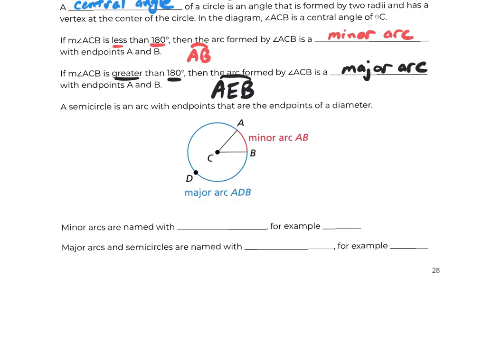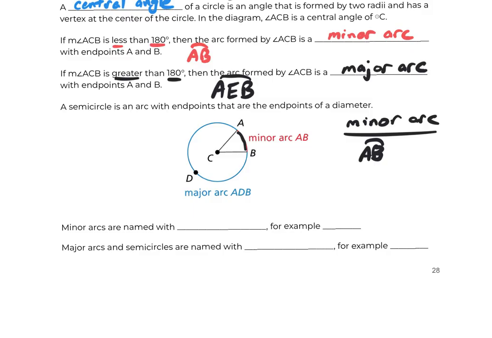Okay, so if I look down here, I'm going to give you some examples of some measures here. Obviously, AB is a minor arc because it's less than 180. It's less than half a circle. So the minor arc here is arc AB.